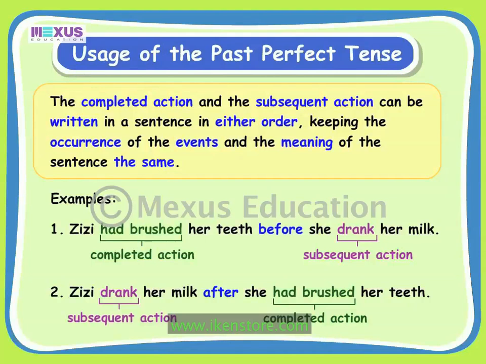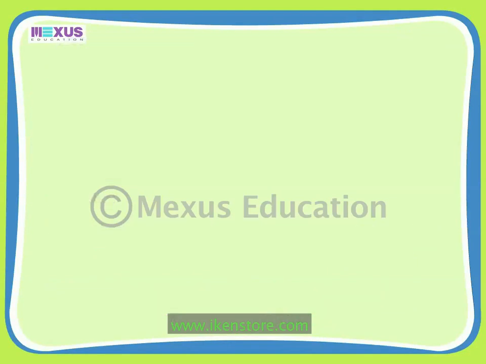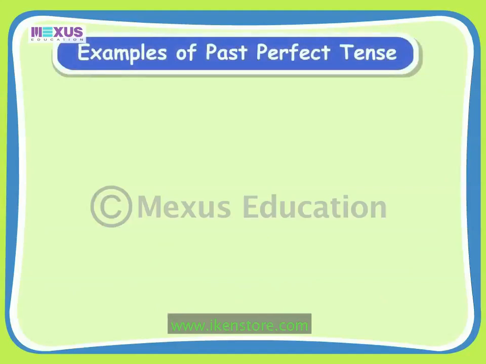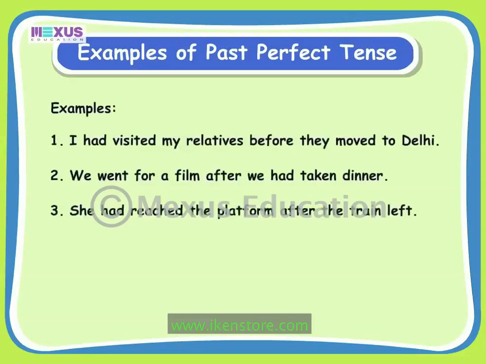Let us have a look at some more examples of sentences using the past perfect tense. In the first sentence, the verb had visited shows the completed action and the verb moved shows the subsequent action.